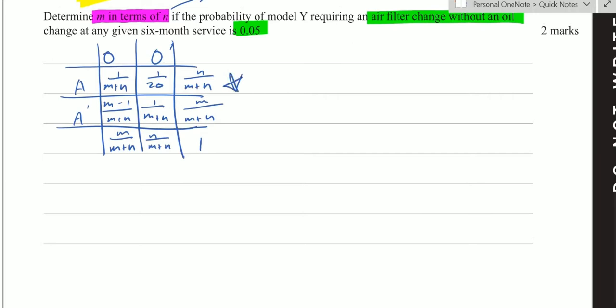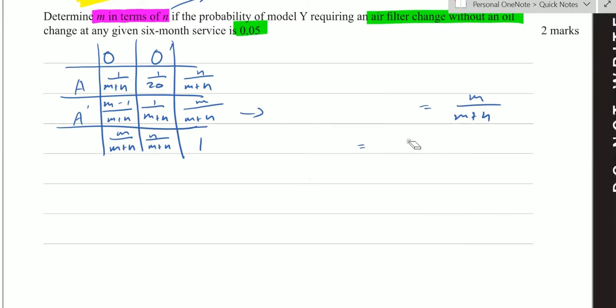You could pretty much use any of them, but you have to make sure you use a row that has 1 on 20 in it, because otherwise, if you take this one, for example, m minus 1 on m plus n plus 1 on m plus n equals m plus n, and you try to find what m is, you'll notice that you don't get anything, you just get 0.